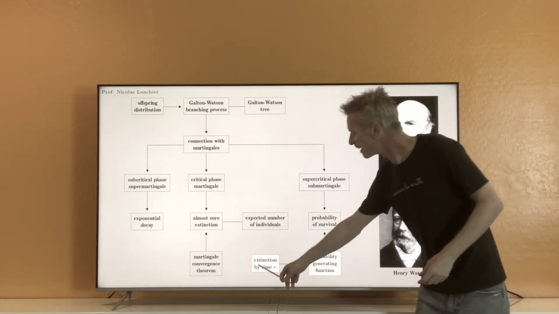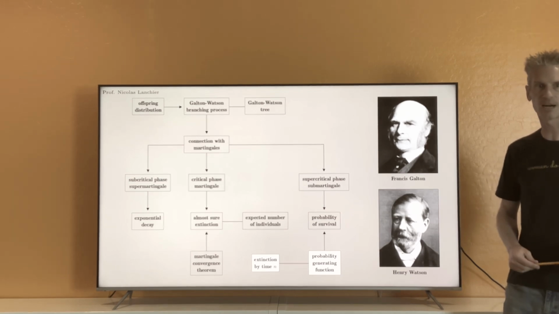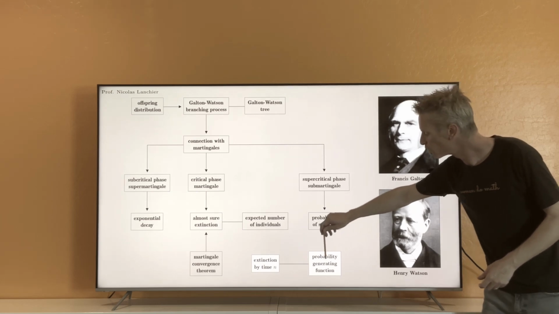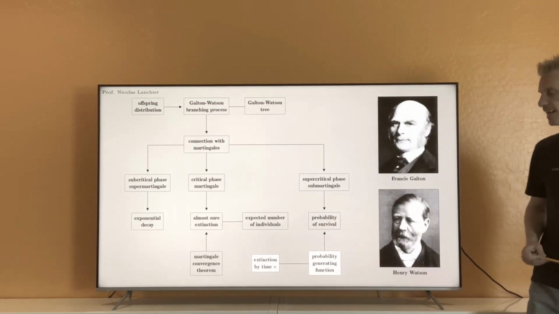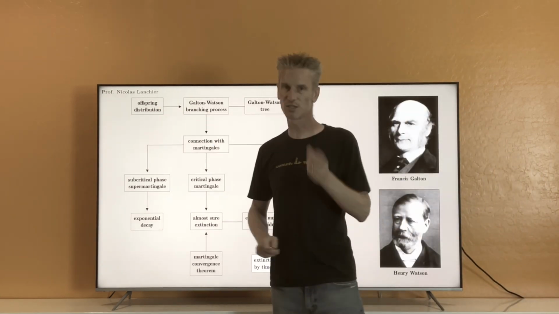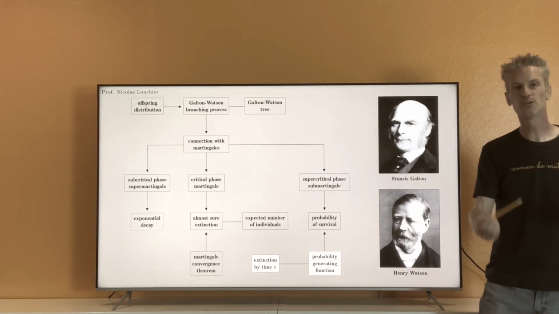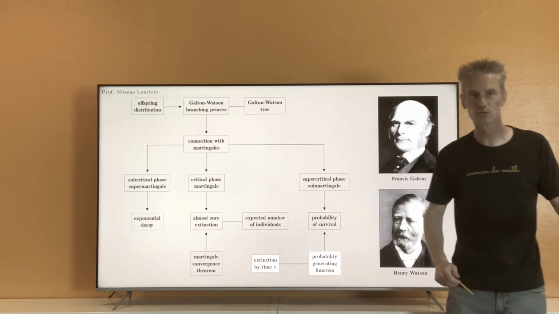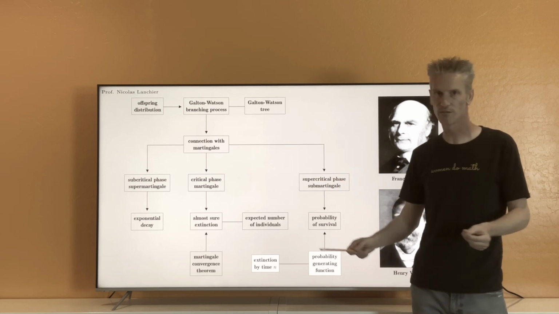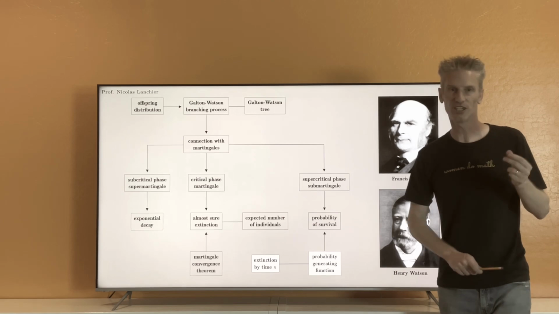It turns out that to understand this probability of extinction by time n, it's going to help a lot to also study what we call the probability generating function, here meaning the probability generating function of the offspring distribution. It turns out that the two are related. Eventually, using this connection, we can prove that the probability of extinction of the process in the supercritical phase is going to be a fixed point of this probability generating function.